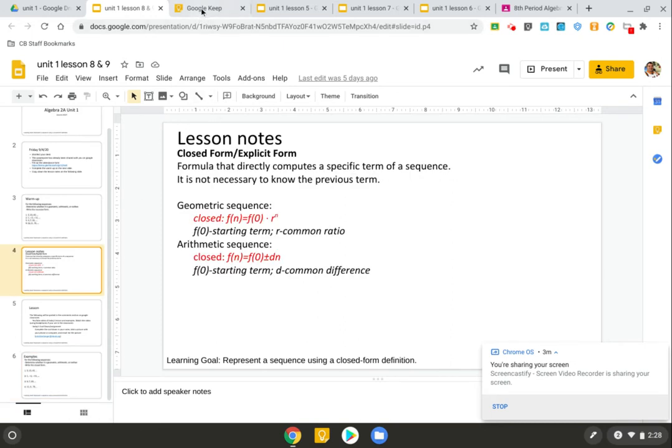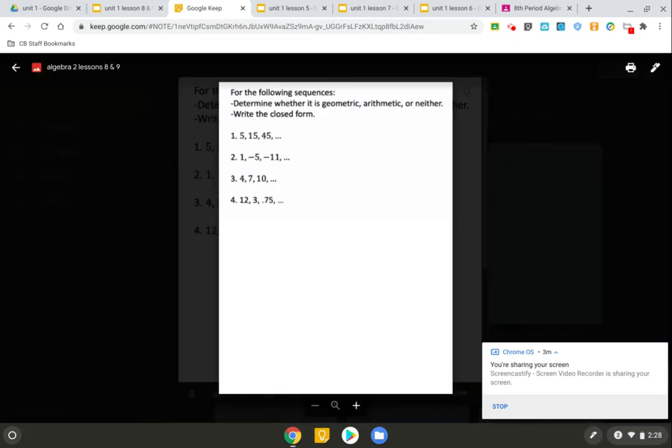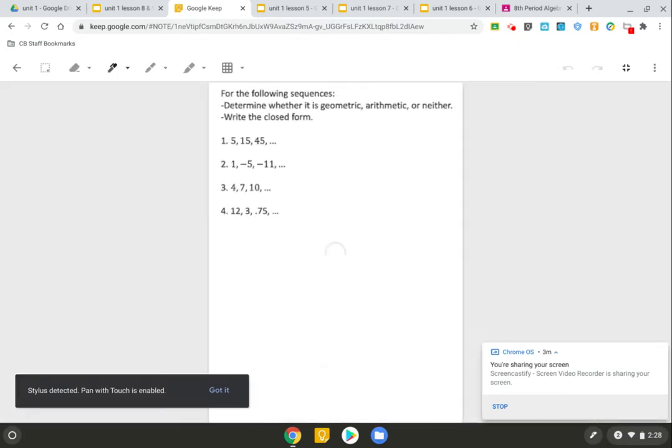So let's take a look at number 1. For the following sequences, determine whether it is geometric, arithmetic, or neither, and then write the closed or explicit form. If I look at number 1, I go from 5 to 15 to 45.